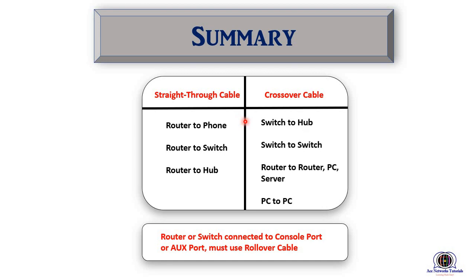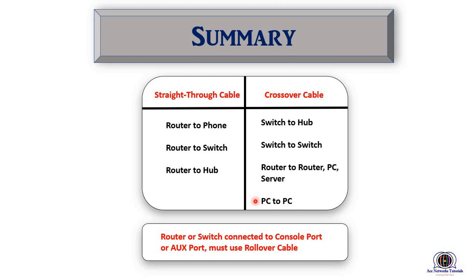When you connect two like devices, that is, MDI and MDI, or MDIX and MDIX, you will need a crossover cable. Examples are switch to hub, switch to switch, router to router, router to PC or server, PC to PC.